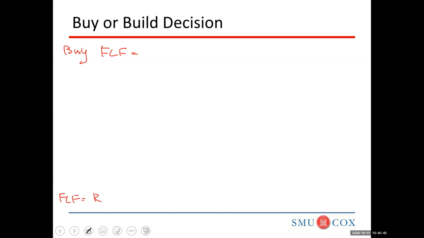EBIT is really revenue minus costs minus depreciation. And then we've got 1 minus tax rate. And then we'll add depreciation, minus CapEx, minus change in working capital. Just want to have it here for reference.